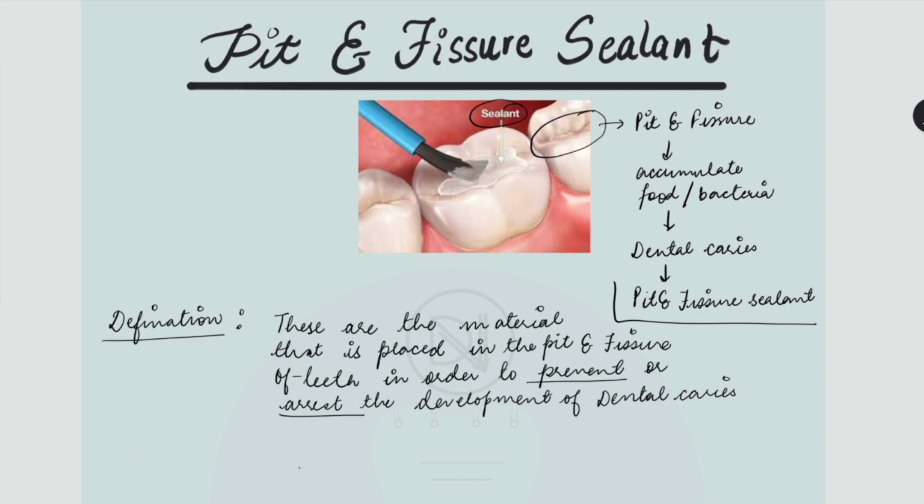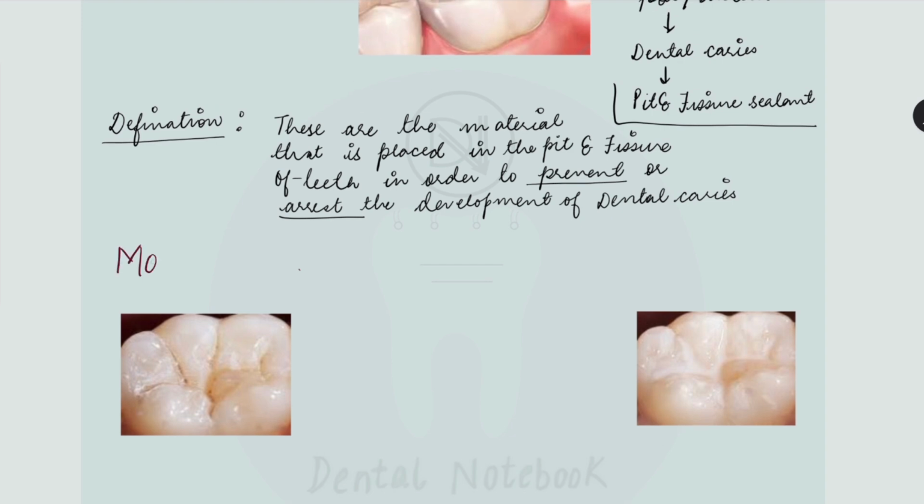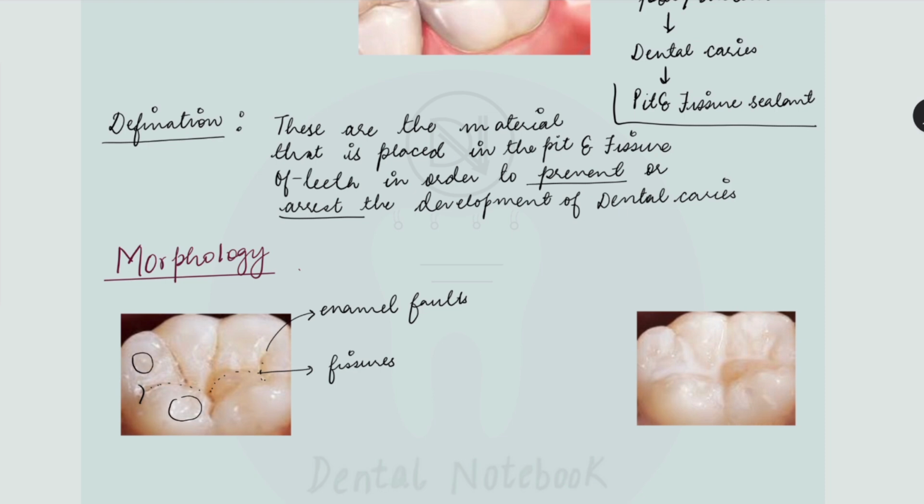Next, we are coming to the morphology of the tooth structure. This is the morphology of the tooth where you can see the presence of pit and fissures. These are the enamel folds. Over here you can see these structures called fissures, and these tiny groove-like structures are called pits.